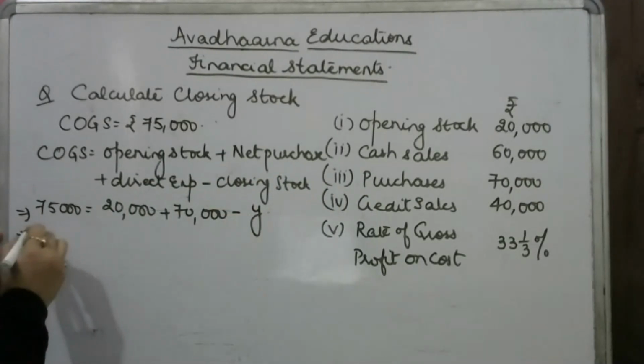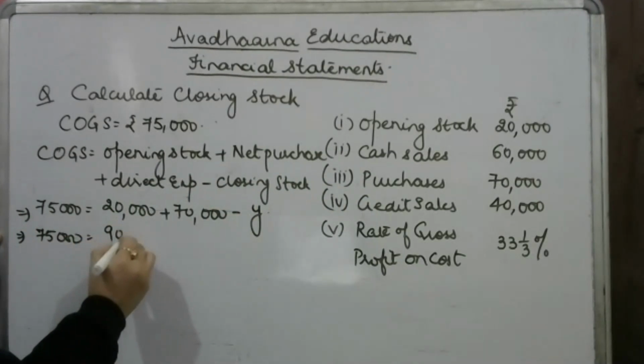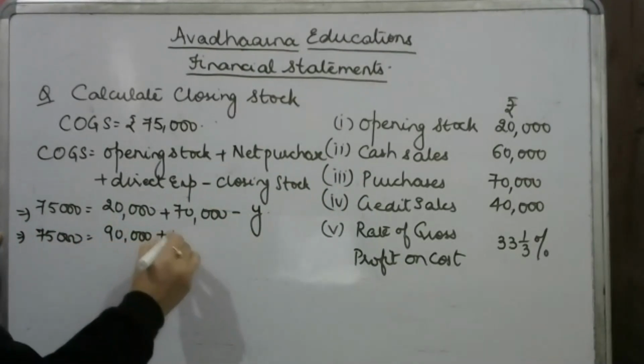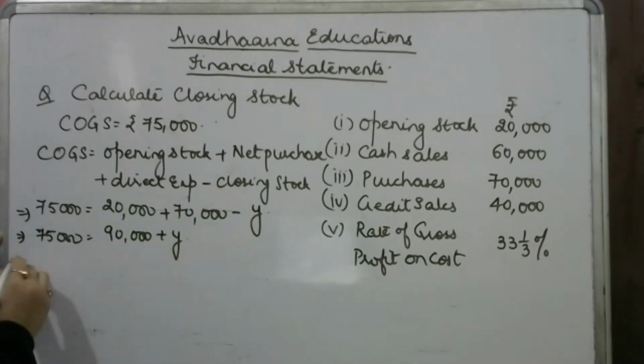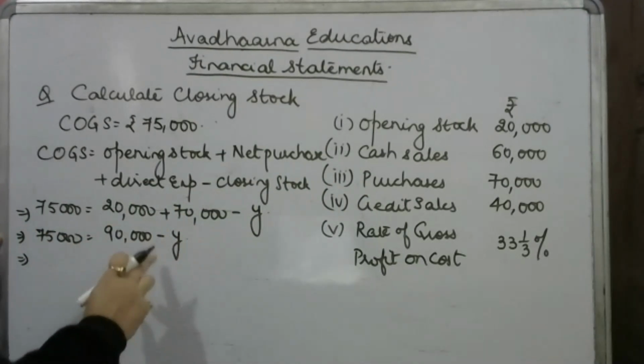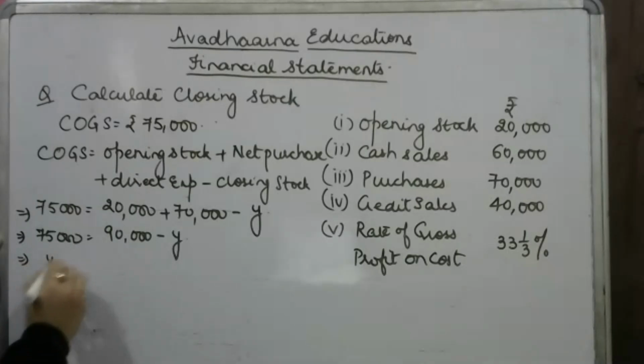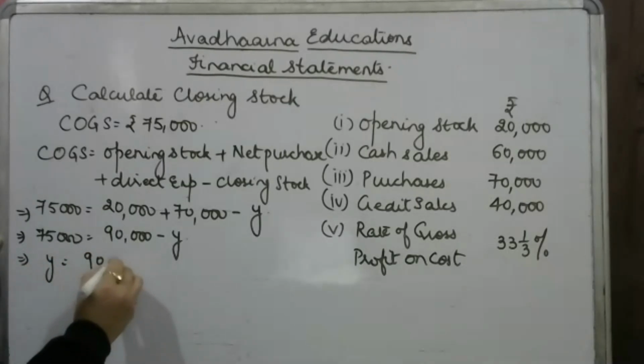So let's calculate now. 75,000 is equal to 90,000 minus Y, which is your closing stock. Let's now take Y on the left hand side. Y, when we take on the left hand side, will become plus Y. So Y is equal to 90,000.